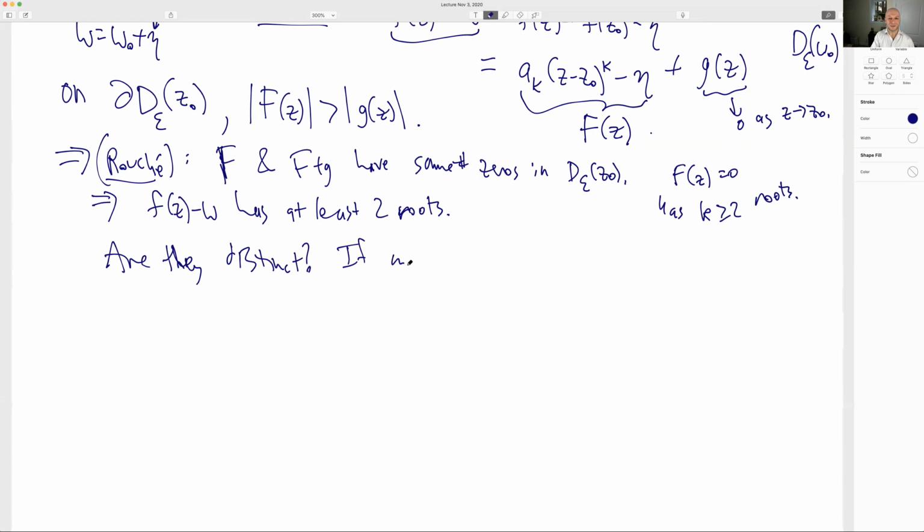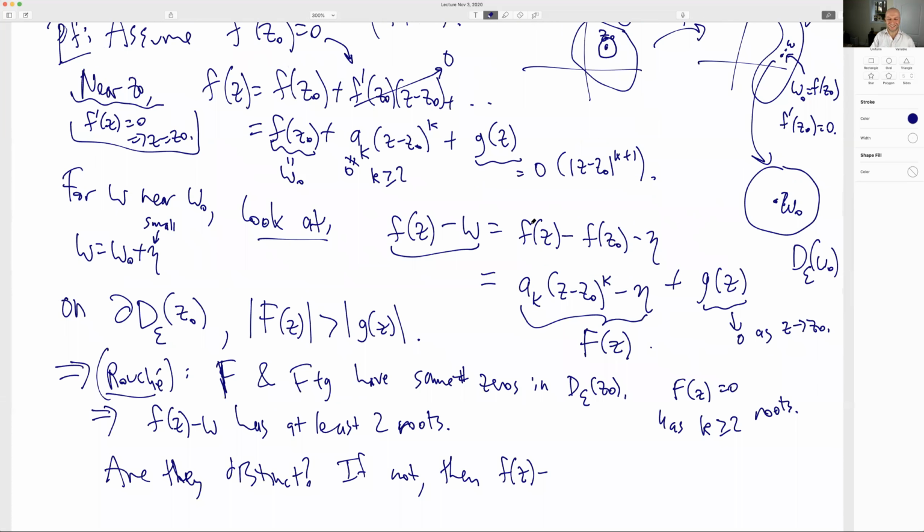So if not, then we have multiplicity. Then f of z minus w has multiple roots. I see where this is going. Which means, go ahead. It means that it's going to raise k.